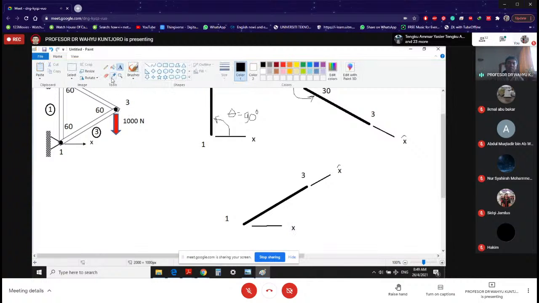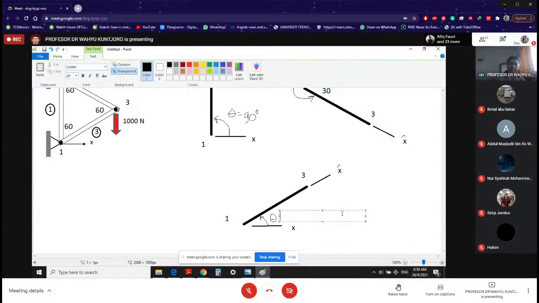And as usual, our theta is measured from X global to X local. Okay, so that will be theta. And of course, it is going to be 30. So theta is going to be 30.